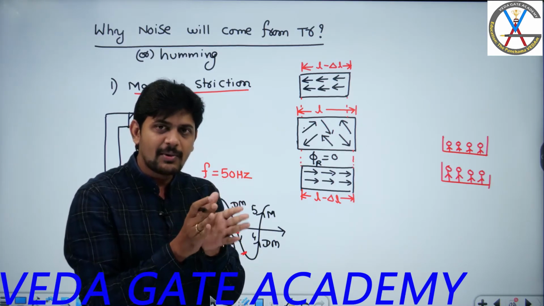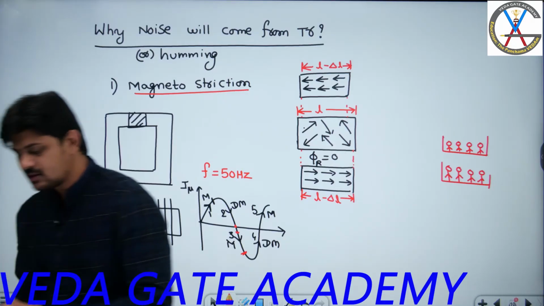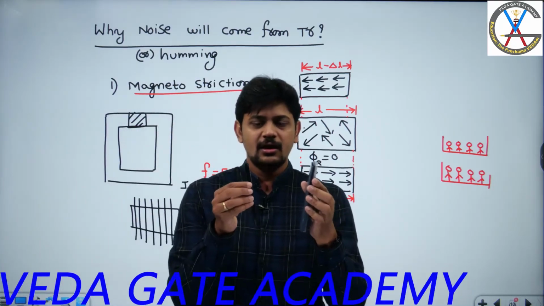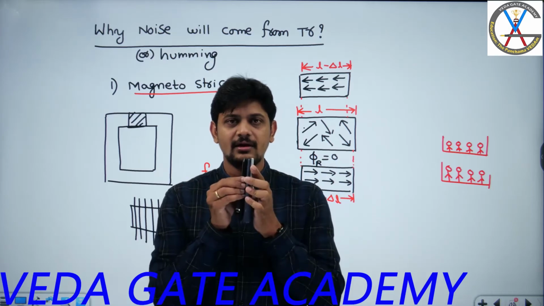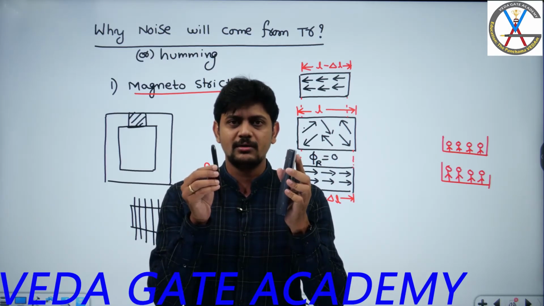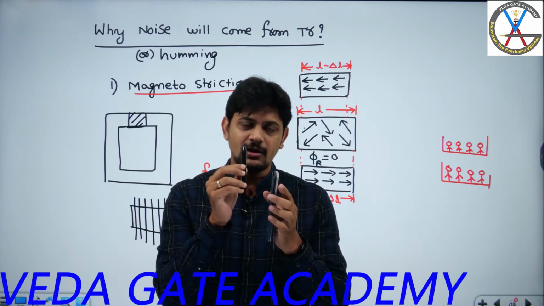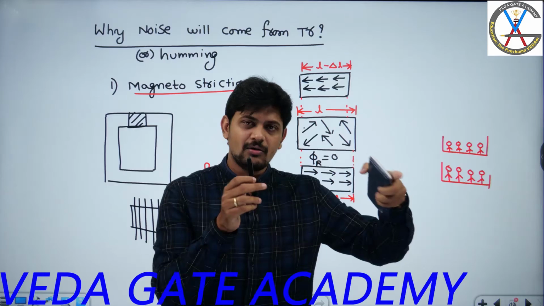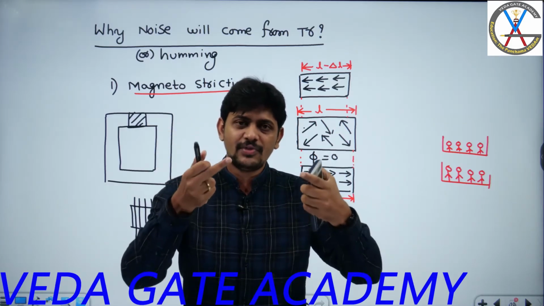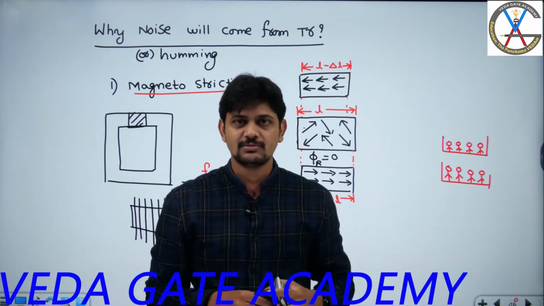For suppose I take two solid objects, and if these two solid objects are hitting, then you are going to get some noise, right? Because if these two solid objects are hitting, they start vibrating. These vibrations travel in the air, and if they come under the audible range, then we can hear some sound, right?